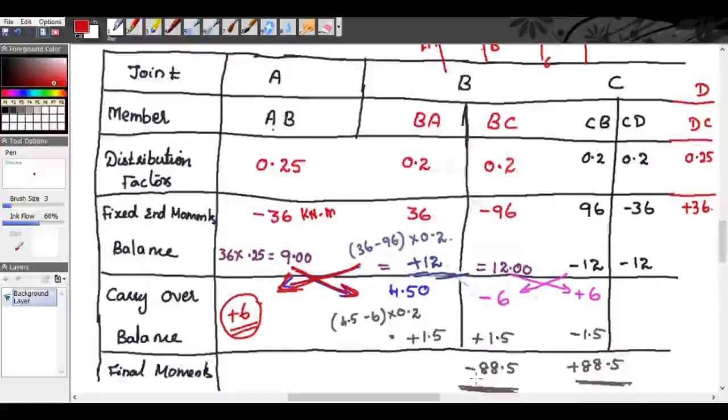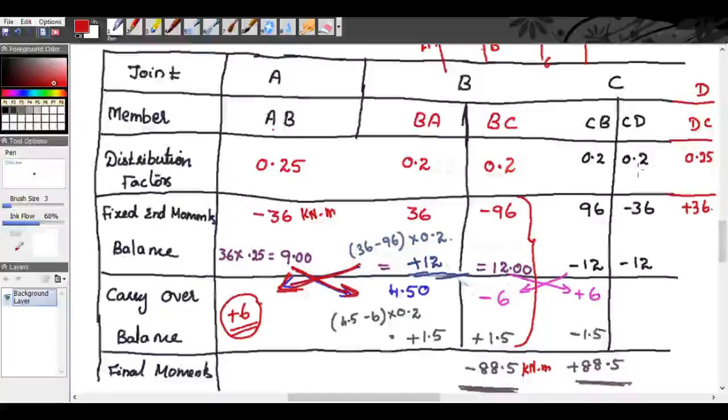So adding everything, that is, see, don't add the distribution factor from the fixed end moment. So adding minus 96 plus 12 minus 6 plus 1.5, you get minus 88.5. So this is your final moment at joint B. In the span BC at joint B, your moment is minus 88.5 kilonewton meter.